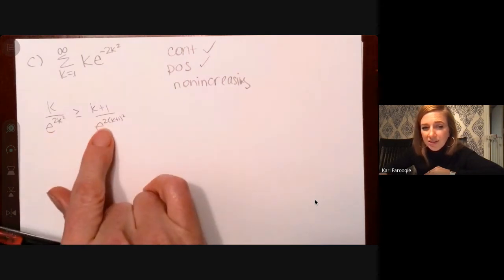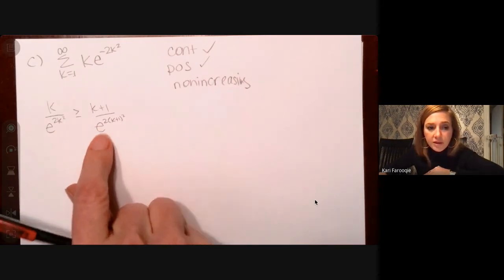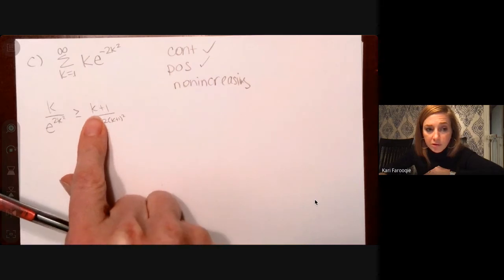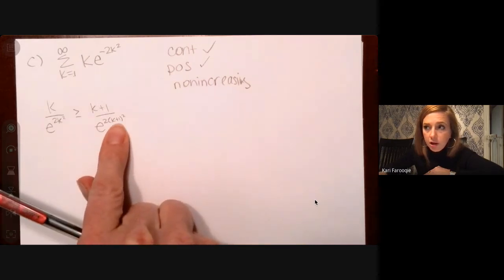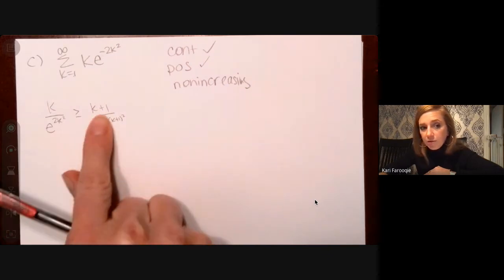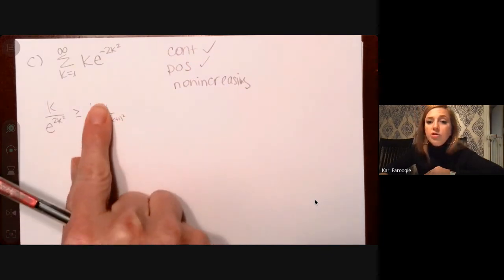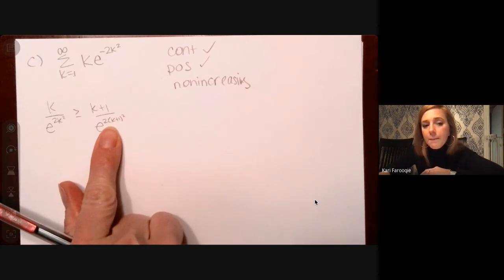So if you wrote out a really nice explanation in words and said, well, the exponential function grows more rapidly than the linear function. Therefore, if the exponential function has a larger value in the exponent, the denominator is going to grow more rapidly. Therefore, the ratio is going to be smaller. I would probably accept that.